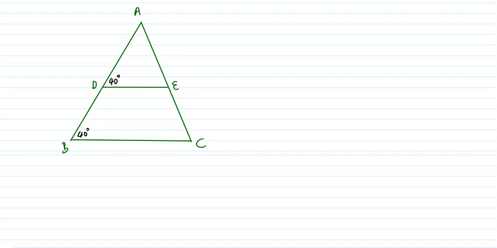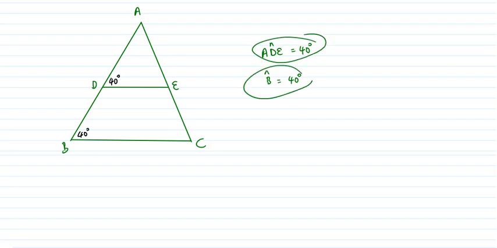If you check, angle ADE is equal to what? To 40 degrees. And then angle B is also equal to what? 40 degrees. Well, if both of them are equal to 40 degrees, can I not conclude that angle ADE will be equal to angle B?